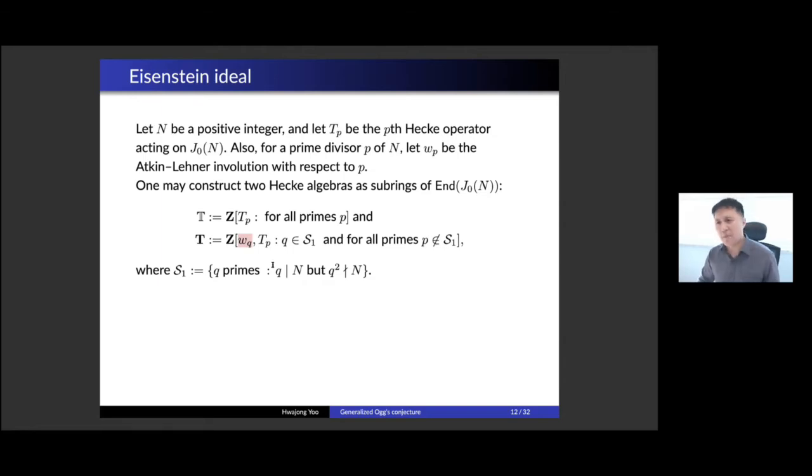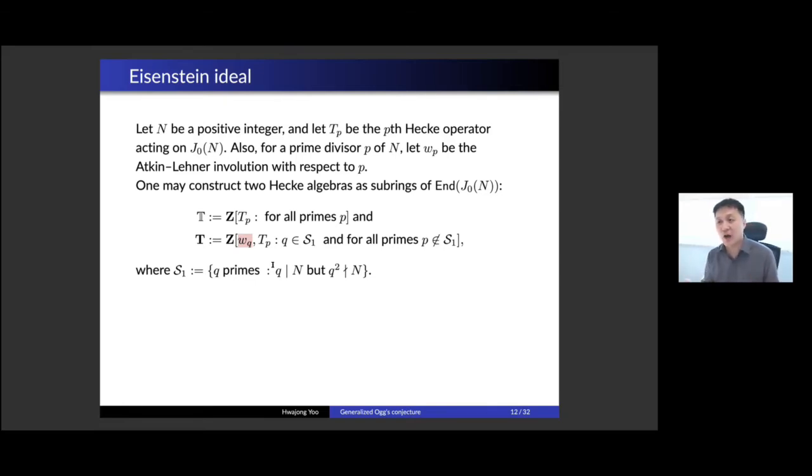The basic reason is that in the squarefree level, as in Kenstock, the eigenvalue of the T_p operator is either 1 or p. So when L divides p minus 1, these two eigenvalues are actually equal, so we cannot decompose this quadratic polynomial into linear ones. However, W_q is an involution, so W_q squared is always 1, and the eigenvalue is either 1 or minus 1.